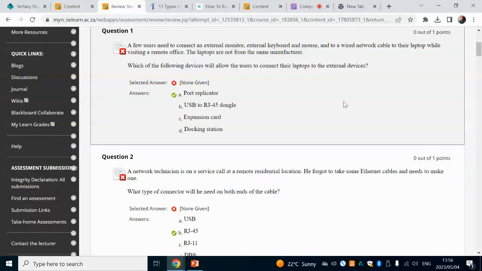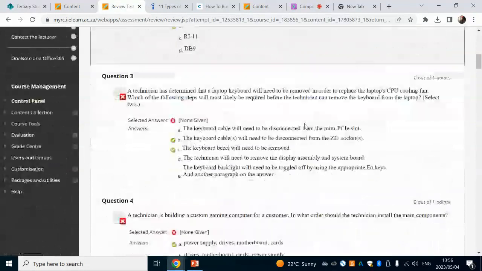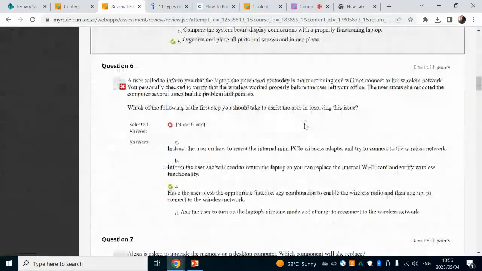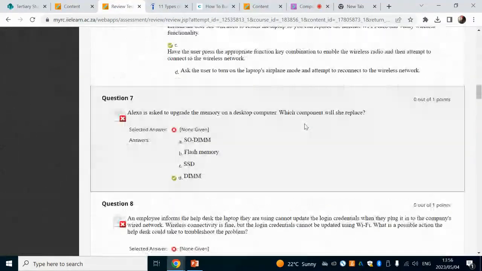Mercer. What other laptops are you getting? HP, Dell. All these are different manufacturers. And then I continue to go through these questions and answers in exactly the same way.